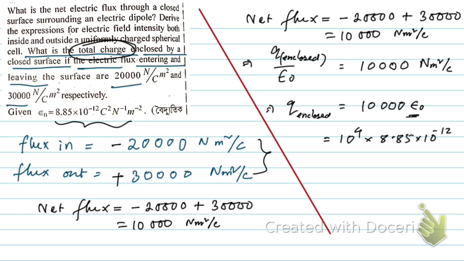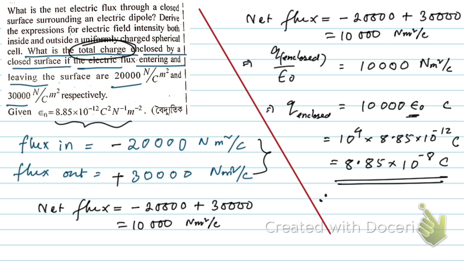So we are calculating charge, and now this unit becomes coulomb. Then we have 8.85 into 10 to the power minus 12 plus 4, that's going to be minus 8 coulomb. So this is the charge enclosed.